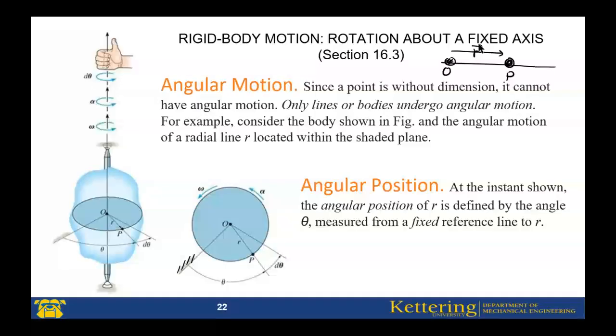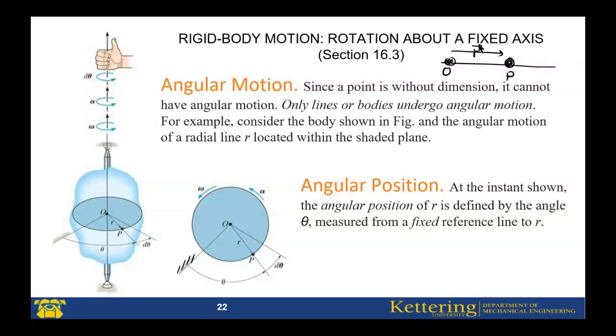Theta is called angular position. For a particle, it's called position; this is angular position, for rotation of the body. And theta is an angle. For example, here it is pi over 3.